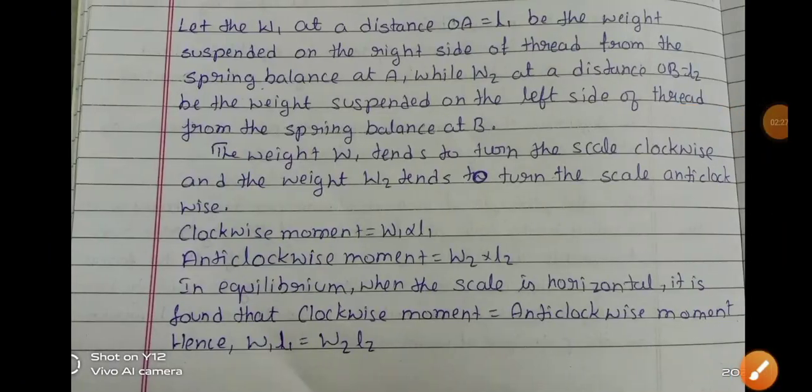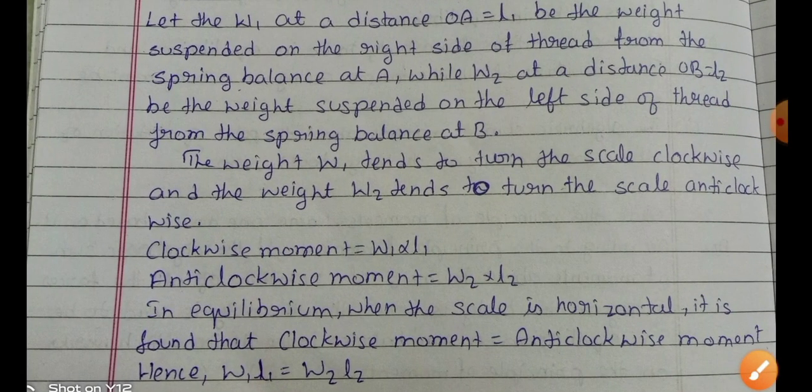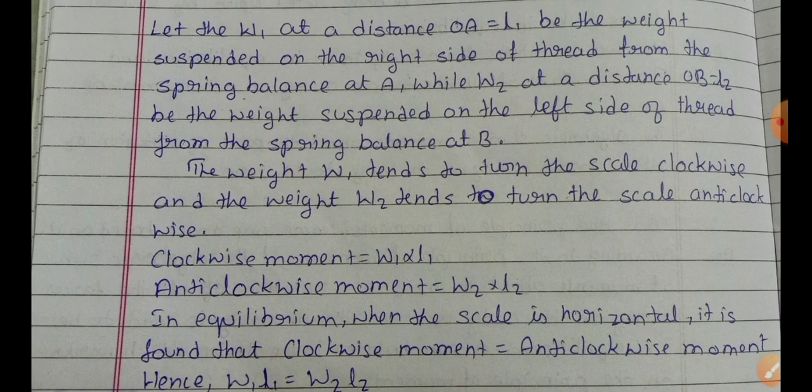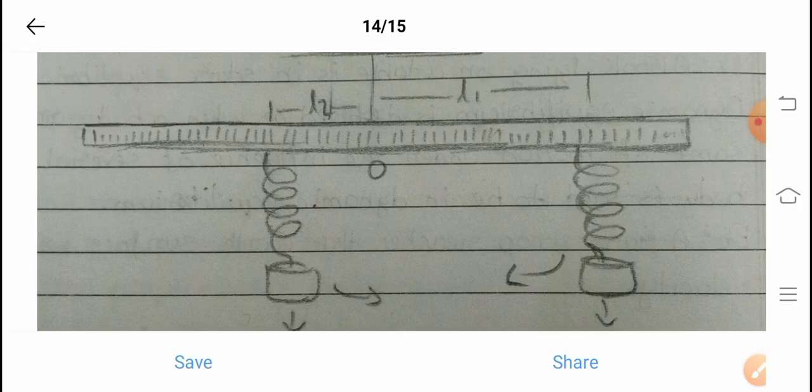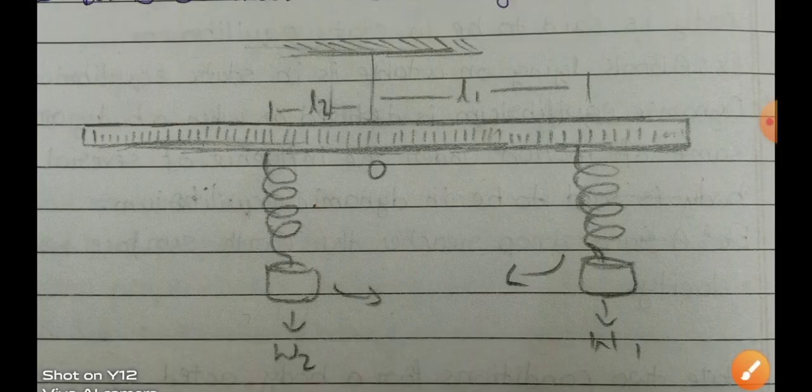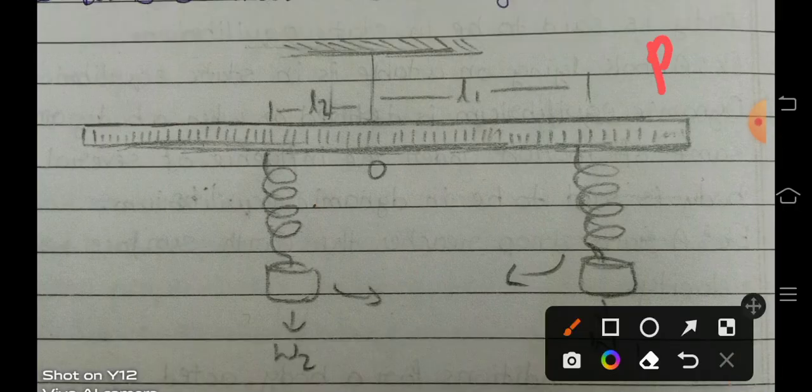Now let W1 be at a distance OA equal to L1, the weight suspended on the right side of the thread from the spring balance at A, while W2 is at a distance OB equal to L2, the weight suspended on the left side of the thread from the spring balance at B. Again go back to the picture. This is the right side and this is the left side.